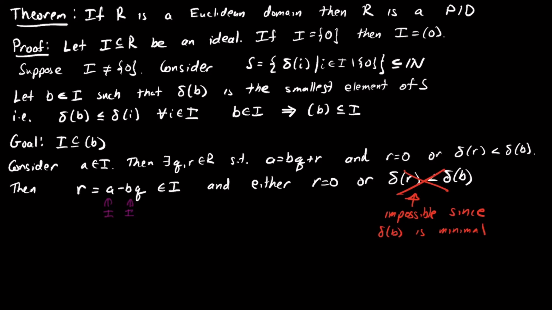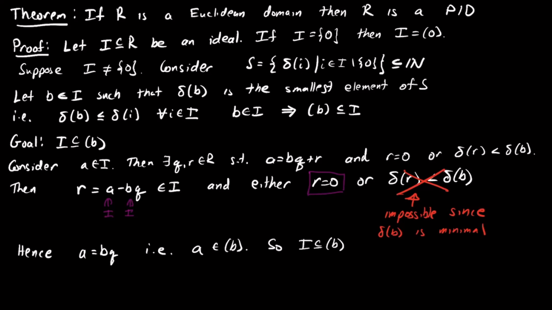So it must be the case that r is equal to 0. So what can I say? Well, hence, I know that a is equal to bq. In other words, a is an element of the ideal generated by b. So I've shown that I is a subset of the ideal generated by b.